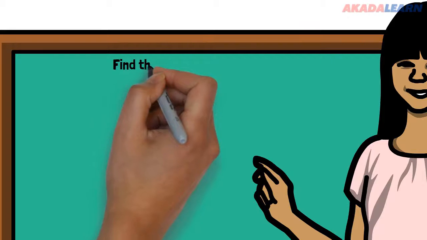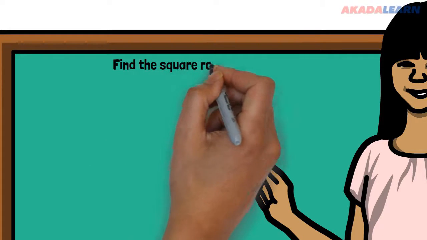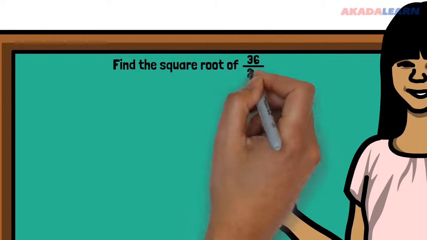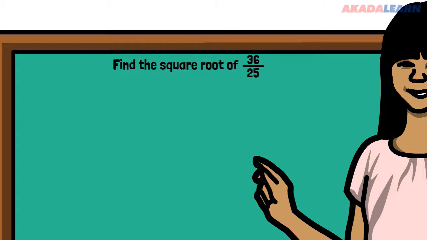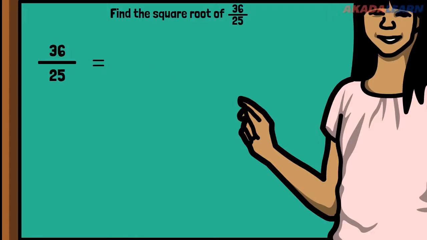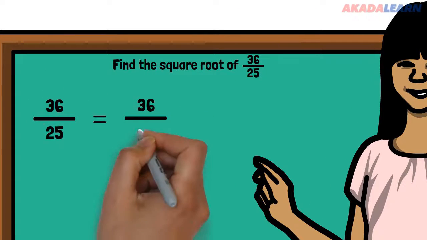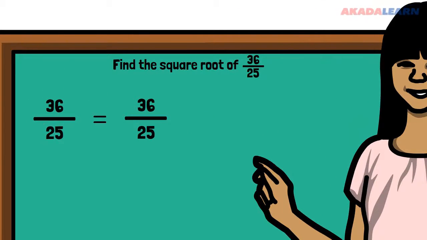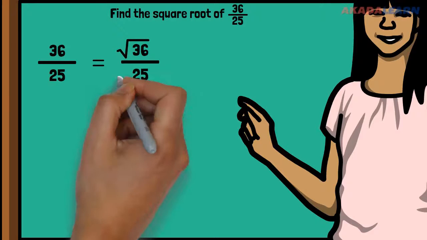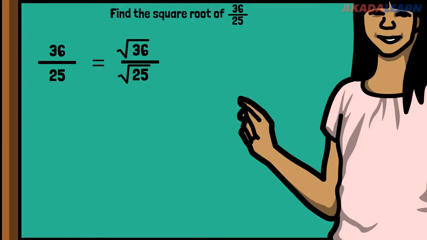Alright, so this question is find the square root of 36 over 25. So let's begin. You put the square root signs on top of 36 and on top of 25.